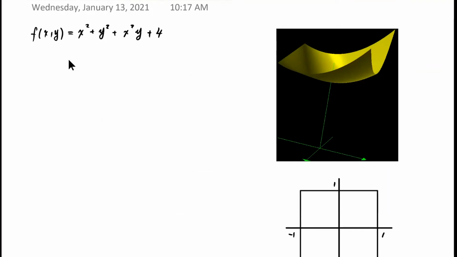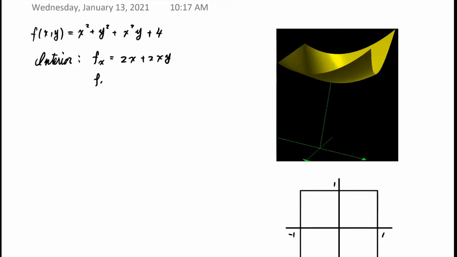So first thing is we still consider the interior first. In the interior, we just find f_x and f_y. f_x is equal to 2x plus 2xy, correct?